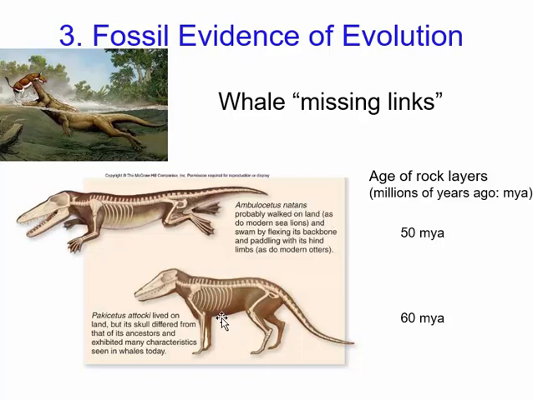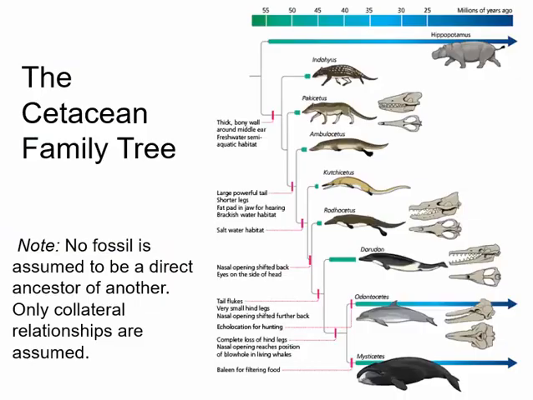And we go back a little bit further. Here's Pakicetus. There are features of the skull, and as we'll talk about in a moment, some other bones that are very much whale-like, or animals related to whale-like, in these organisms. And so we can start to then put this into the context of a family tree.